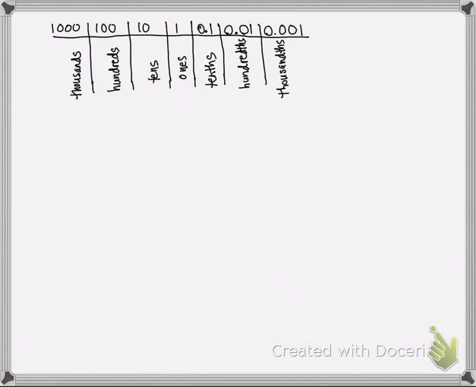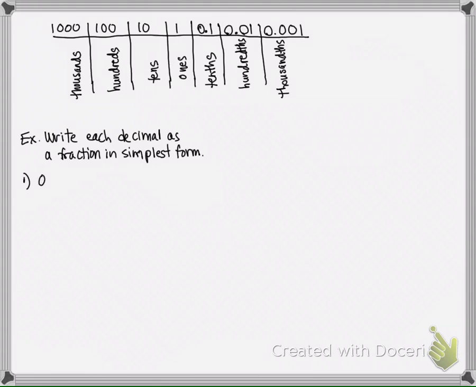So the directions are going to ask us to write each decimal as a fraction in simplest form. Now, that phrase, in simplest form, doesn't need to be given to you because you always reduce to simplest form. Okay, so number 1, we've got this guy.